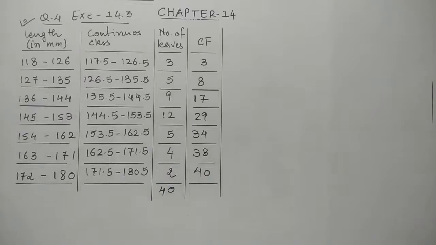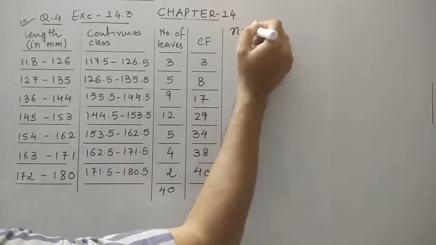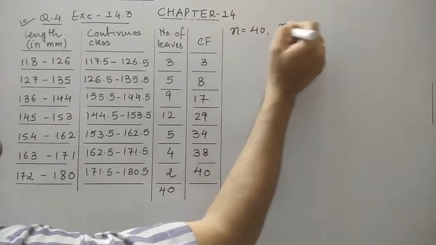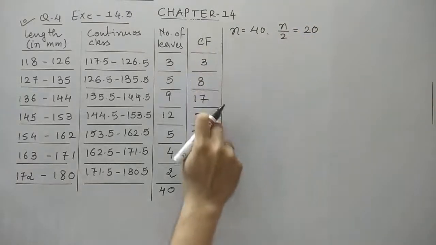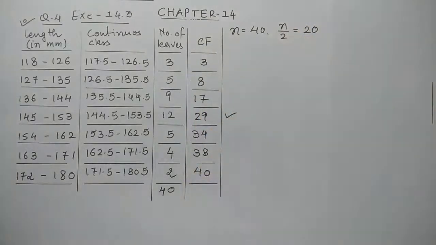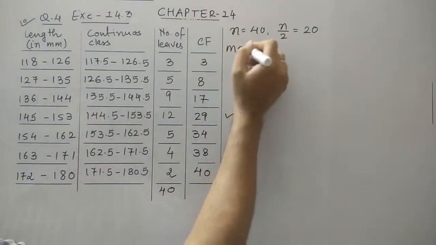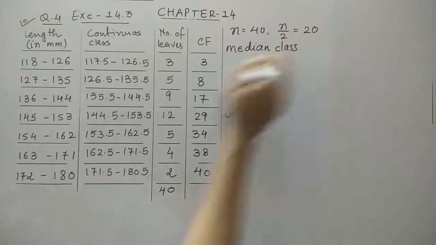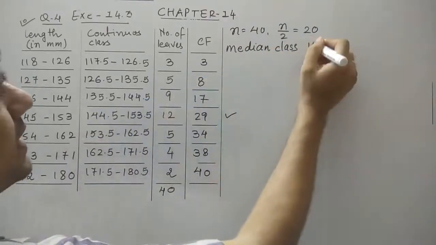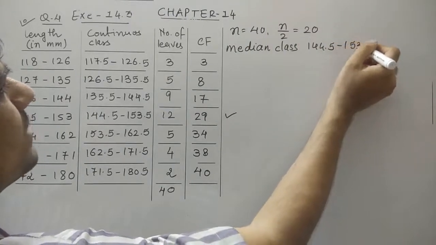Now the sum is easy to do. First, we need to find the median class. The value n is given as 40, so n upon 2 is 20. Let us find where the 20 exists. This is the class we have to consider. So we can say that the median class is 144.5 to 153.5.